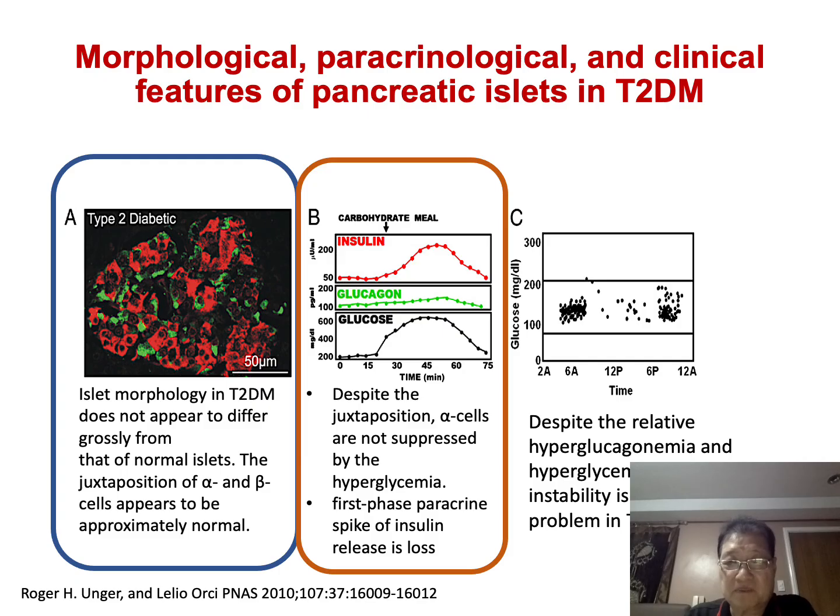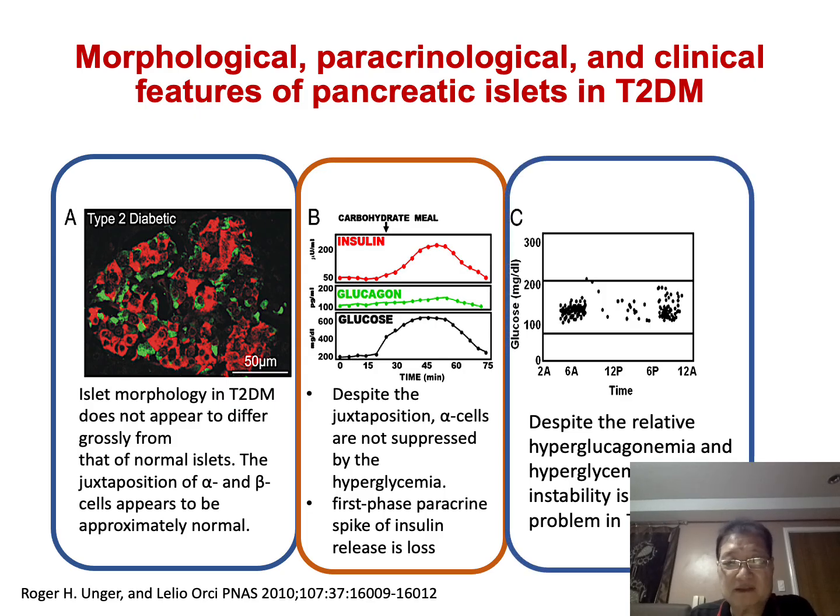This appears to be secondary to loss of the first phase pancreatic spike of insulin release immediately after the ingestion of a carbohydrate-containing meal. Without this spike, believed to be the cause of glucose-induced glucagon suppression, glucagon remains unsuppressed and elevated relative to the ambient blood glucose. The failure of glucagon level to decline during carbohydrate feeding exaggerates the postprandial hyperglycemia.